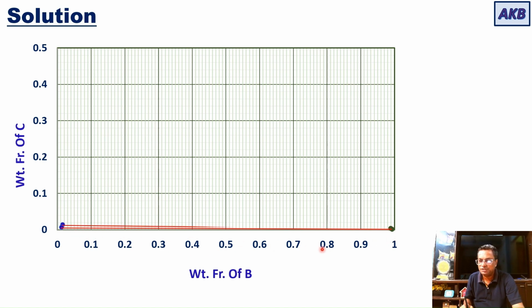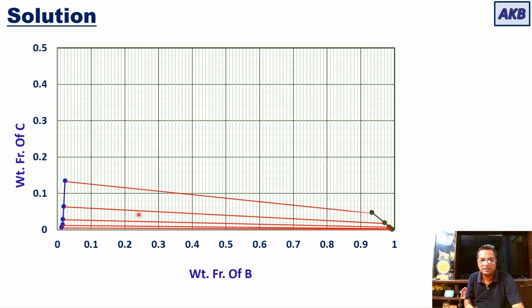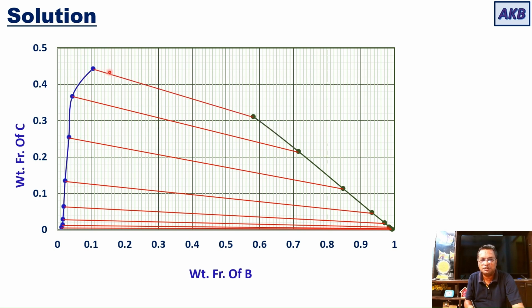Similarly, the second point will be connected to its corresponding point. Then the third, again connected by a tie line. Fourth, connected by a tie line. Fifth, sixth, seventh, eighth, each connected by a tie line. And the last point, again connected by a tie line.